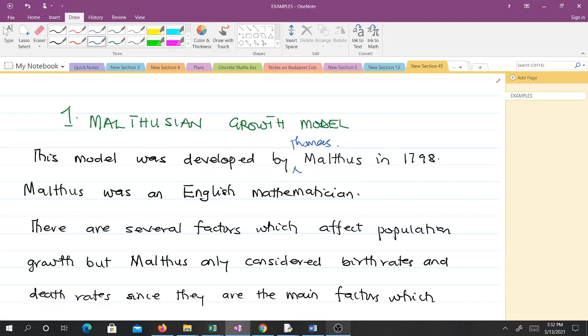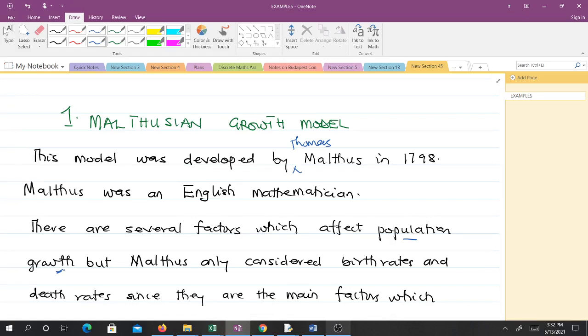There are several factors which affect population growth. You can mention some of them yourself, right? Look around your environment and look at the factors which affect population growth. The first two that you can mention are birth rate, right? When more people are born, that means the population is going to grow.